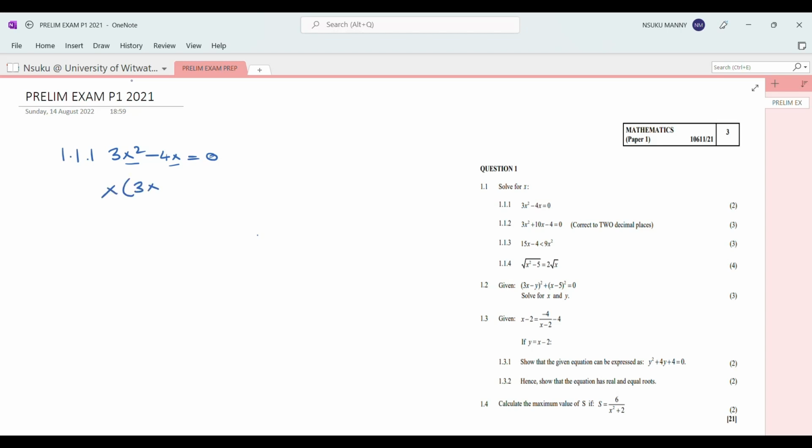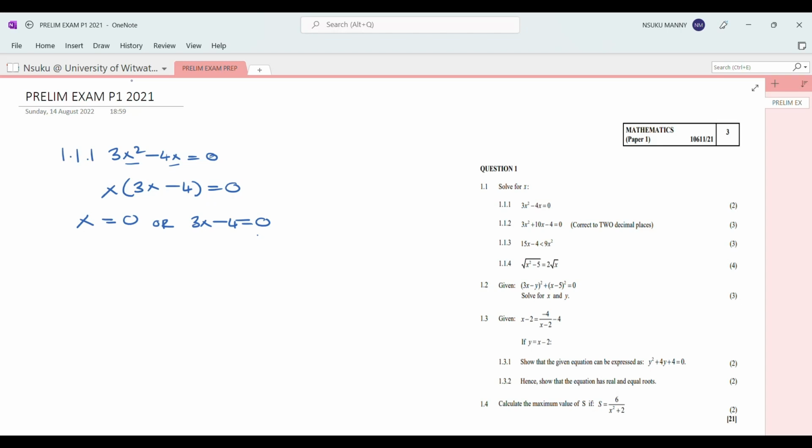Now we have x times (3x minus 4) is equal to 0, right? So how we usually factor out x, or what we know is remaining after we factorize x, is we say 3x squared divided by x, we have 3x, and 4x divided by x, we have 4. So in this case, we're going to have two terms. The first term, we're going to say x is equal to 0, or 3x minus 4 is equal to 0.